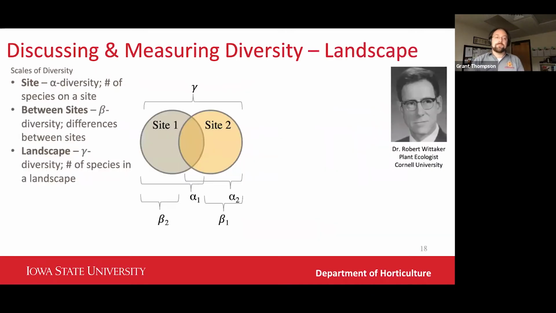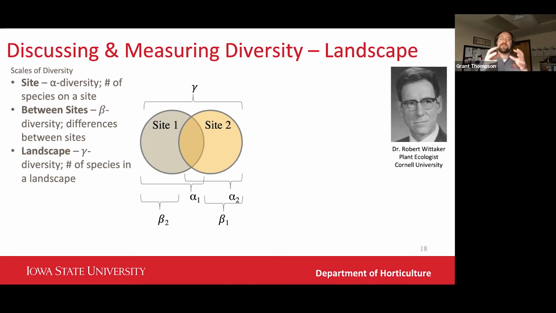A different idea of thinking about diversity is how we look at this at landscape scales. So I said when we look at richness and evenness, we're looking at a site or multiple sites of whatever scale we happen to think about. But if we want to compare diversity between sites or across multiple sites in a landscape, that's really what Dr. Whittaker got to thinking about. And he describes these as alpha, beta, and gamma diversity.